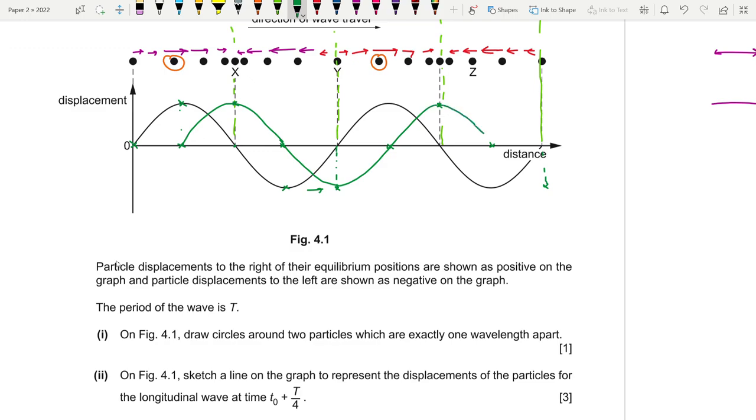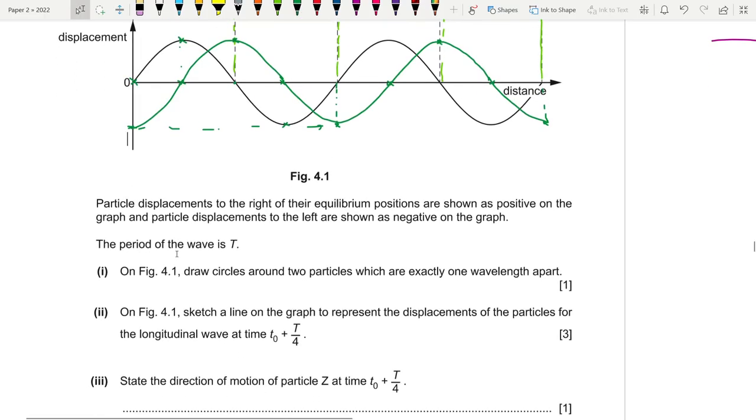There you go. And yeah, how do we draw this part? It should be over here. Here you go, like this. Okay, so this is our new curve. It has initial negative displacement and the amplitude cannot change. Okay, and it's just gonna move 90 degrees or 1/4 to the right.